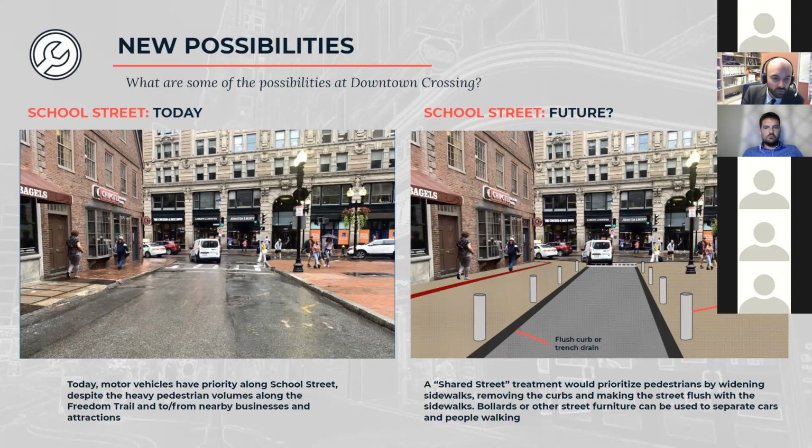And again, at this stage, this is not meant to suggest any materials or anything like that. Specifically, we're not saying we want to get rid of all the brick and replace it with something else. This is just a high level concept to show conceptually some of these possibilities.